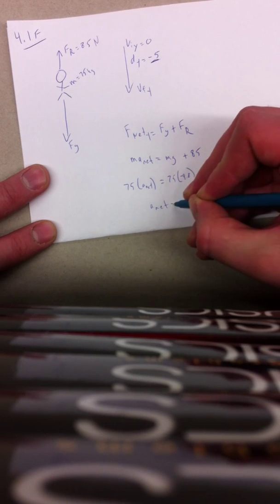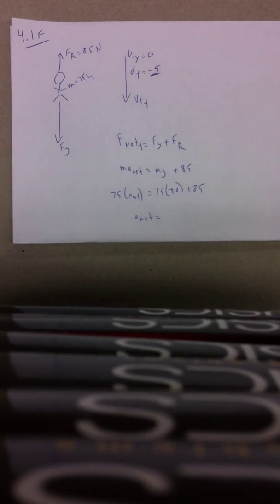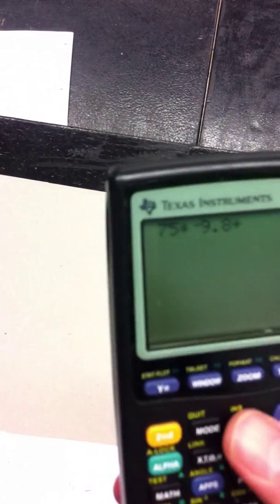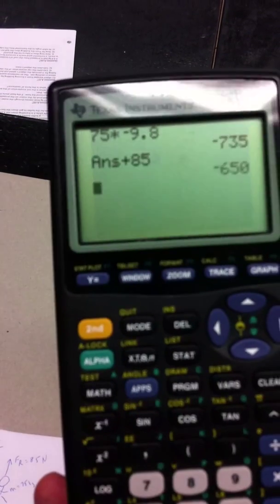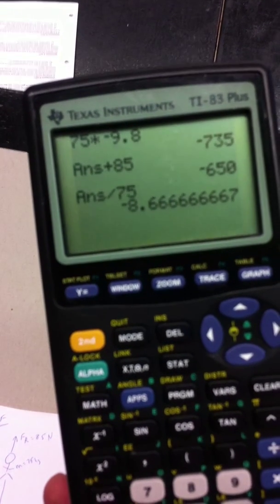So A net is equal to 75 times negative 9.8 plus 85, then we divide that by 75. That gives us an acceleration of negative 8.6 repeating.